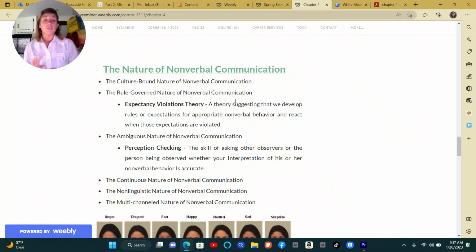The ambiguous nature of nonverbal communication goes back to perception checking, which we talked about. The skill of asking other observers, or persons being observed, whether your interpretation of his or her nonverbal behavior is accurate. So I know that you just said verbally yes, but you shook your head no. So are you sure you're okay with that, or are you really not okay with that?